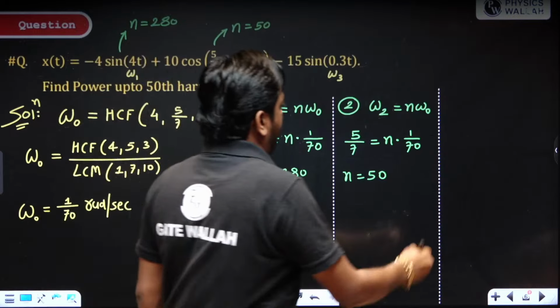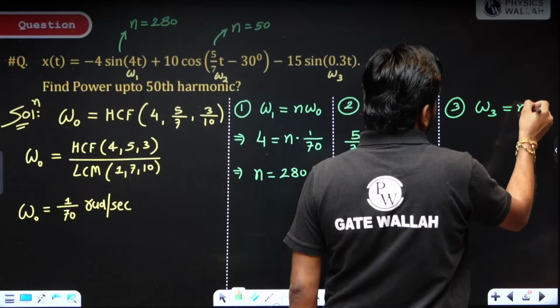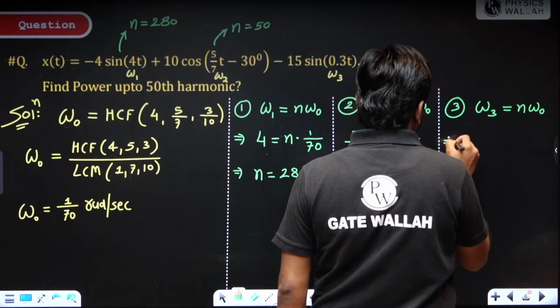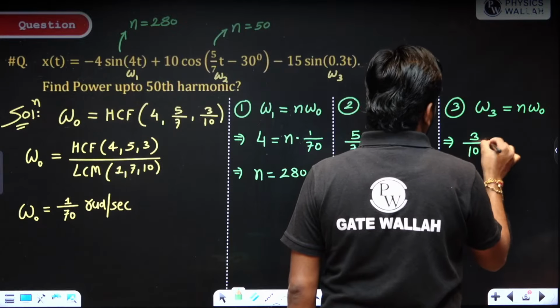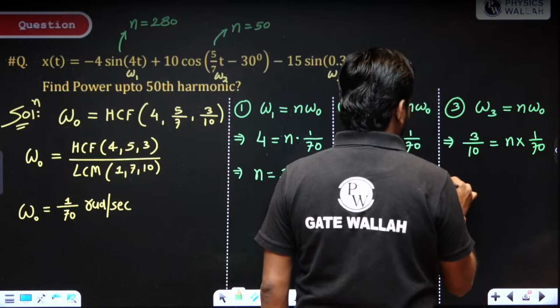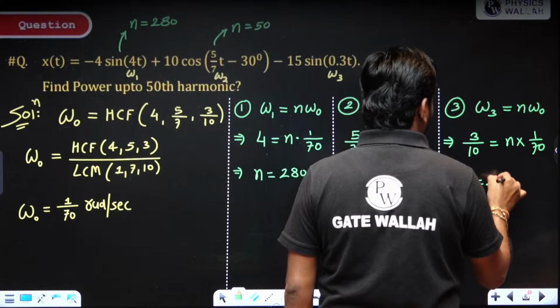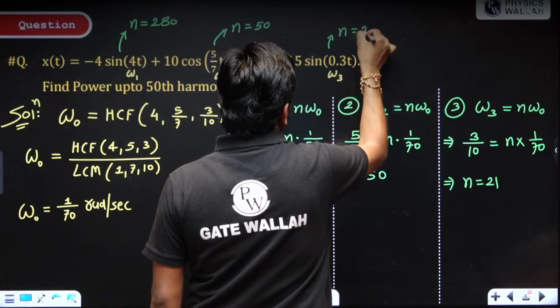Okay. And third, compare the third frequency with again n omega 0. This frequency is 3 by 10, which is equal to n into 1 by 70. So here the value of n is 21.